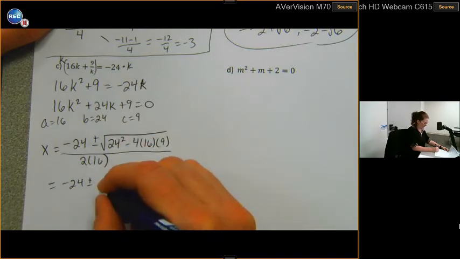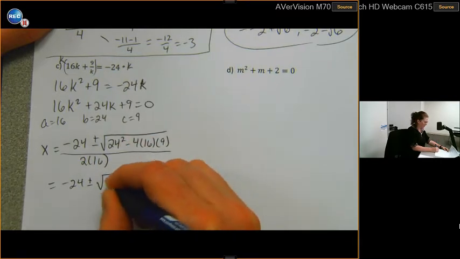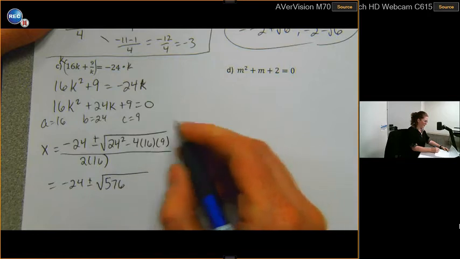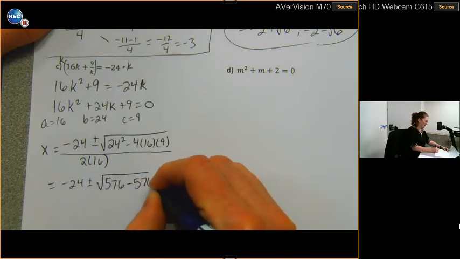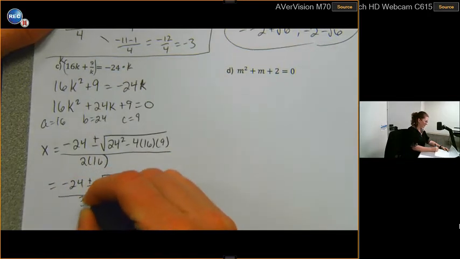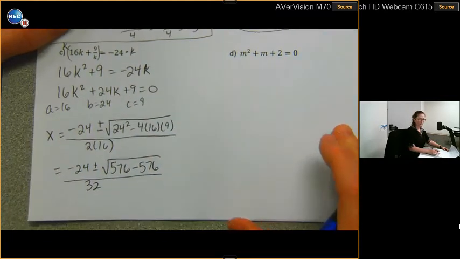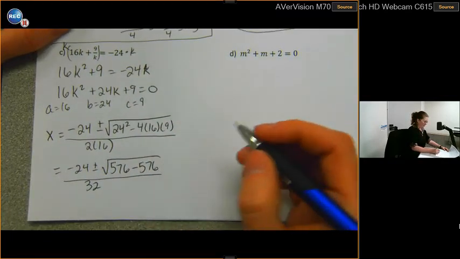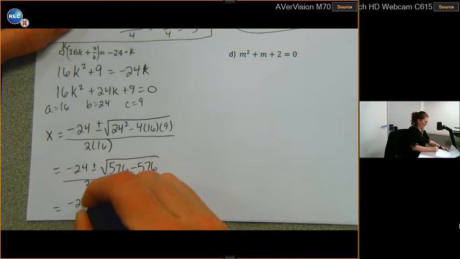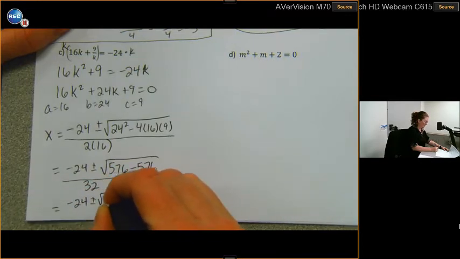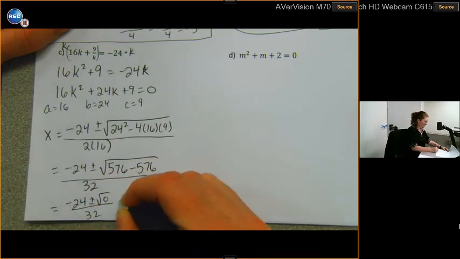24 squared is 576. 4 times 16 times 9 is also 576. We end up with the square root of 0, which is just 0.